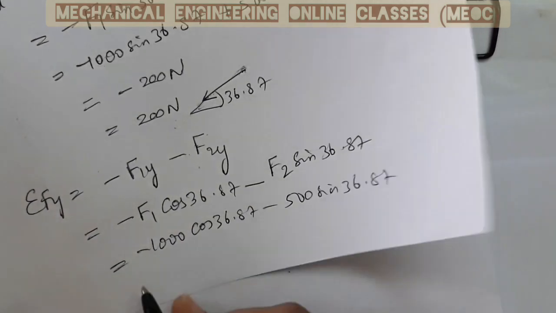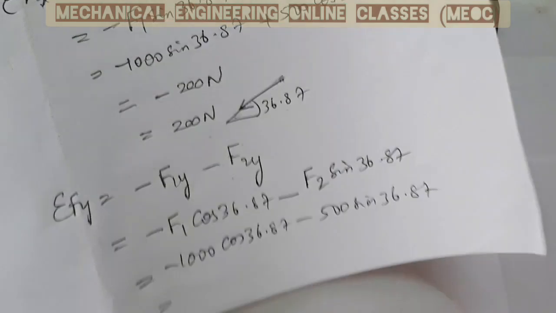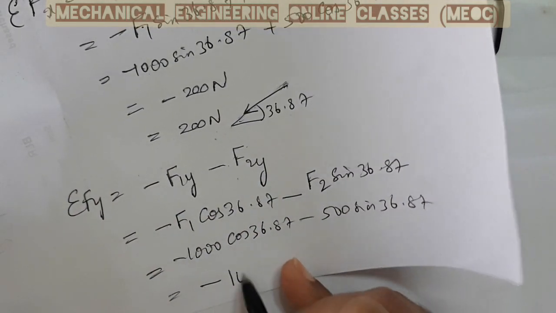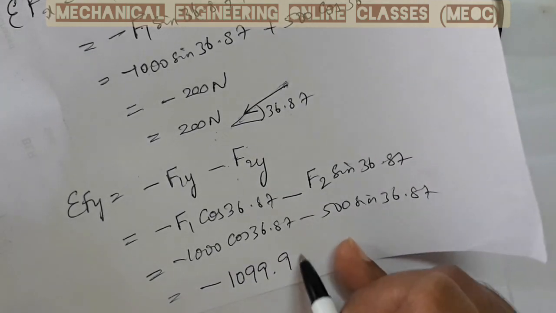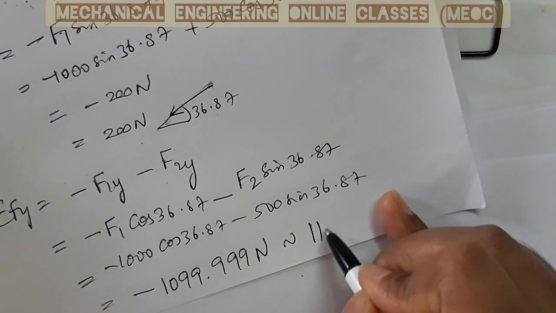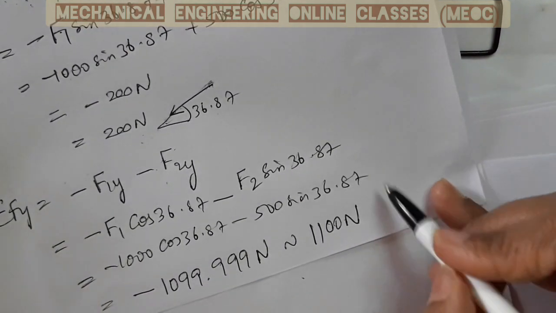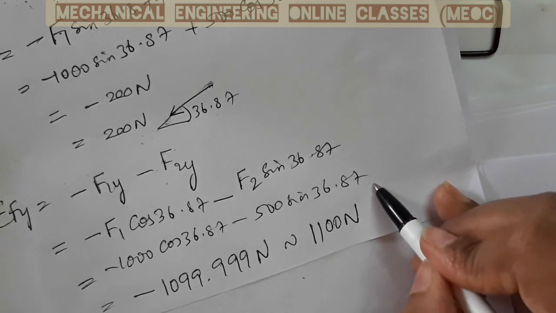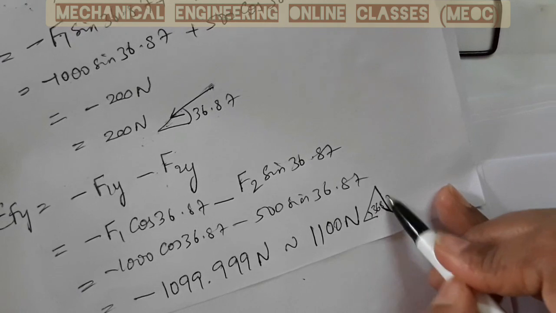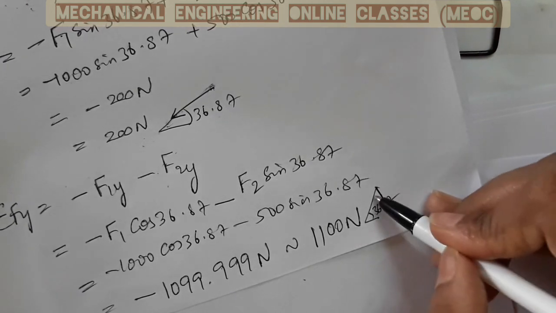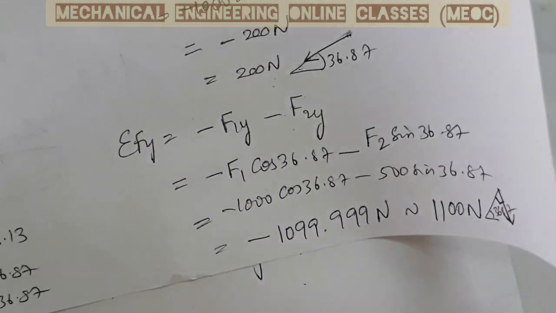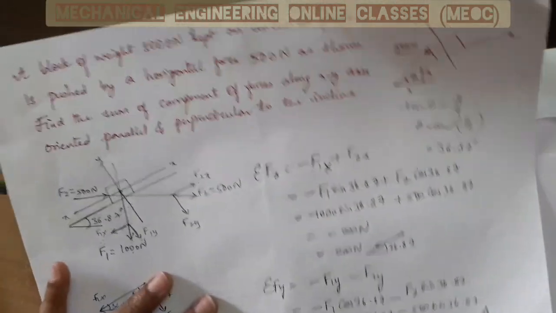Because both are in the same direction, both get added up, and the sign will only talk about the direction. So the value that we get is, or simply I can write it as, say, 1100 Newton. This is downward, perpendicular to the inclined plane. So this is 36.87. Alright, so this is perpendicular. So like this we can find the sum of forces.